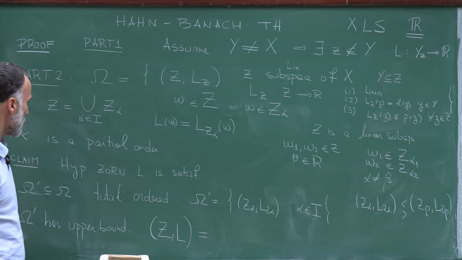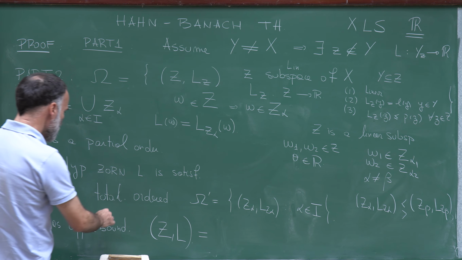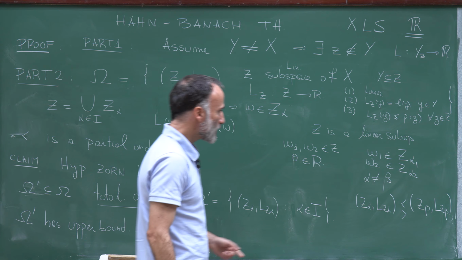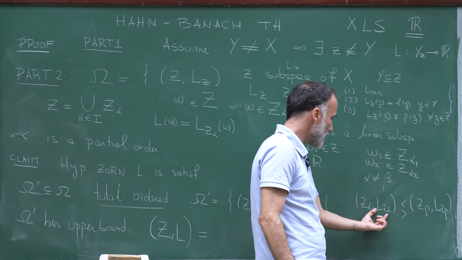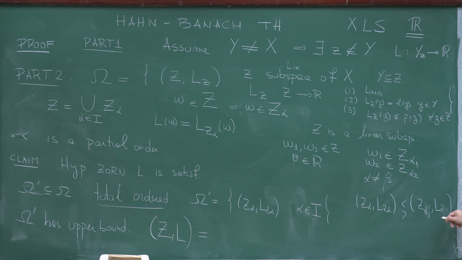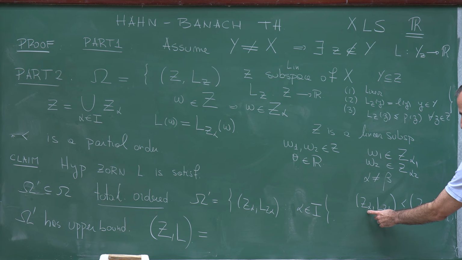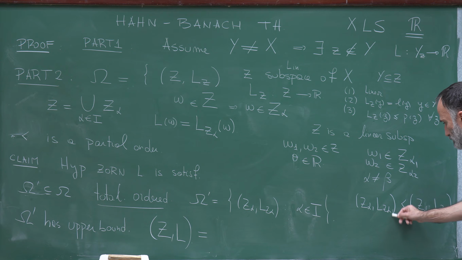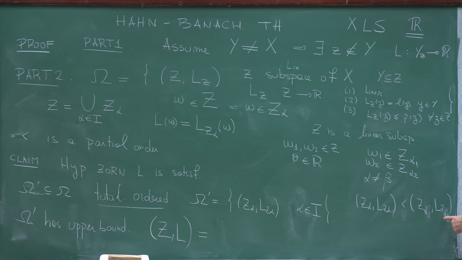Now, since this set omega prime is totally ordered, I know that either (Z alpha 1, L_Z alpha 1) is smaller than (Z alpha 2, L_Z alpha 2) or the opposite. Without loss of generality, let's assume the first. If this is the case, Z alpha 1 is contained in Z alpha 2, which means that omega 1, which belongs to Z alpha 1, also belongs to Z alpha 2.